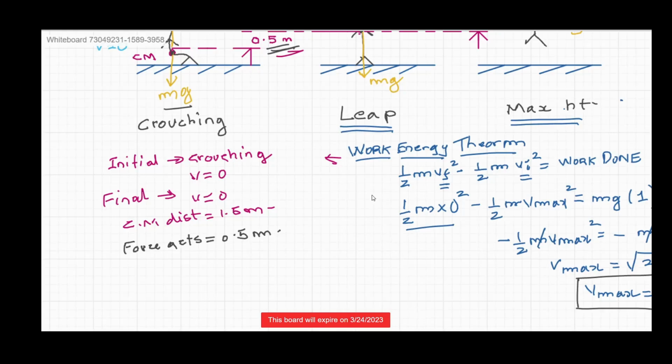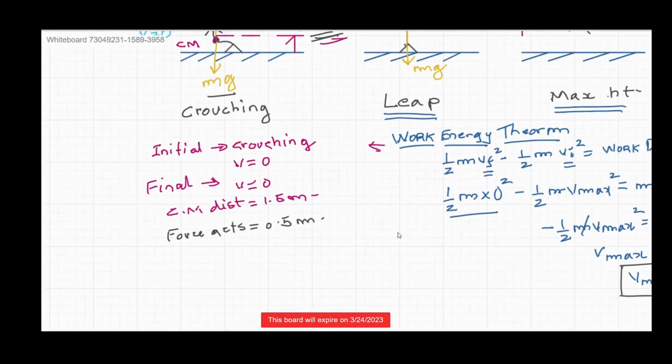So there are two forces involved over here from the crouching to the final leap position, and those two forces are gravitational force and the normal force, or the force F. So first let's write down this.